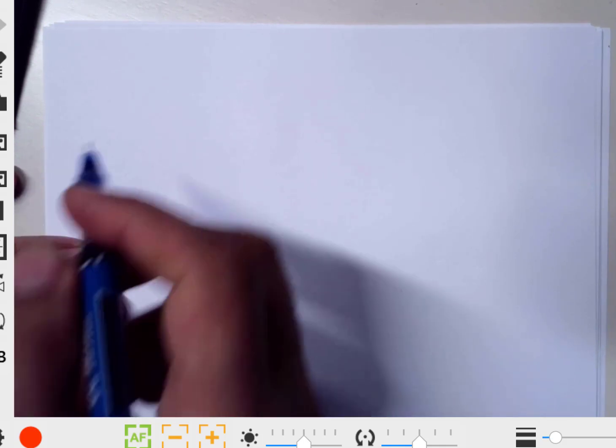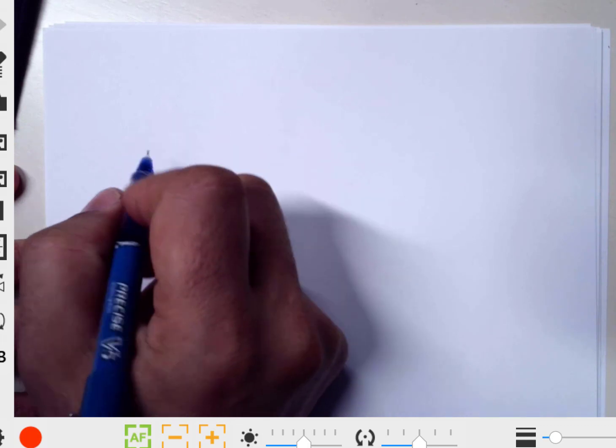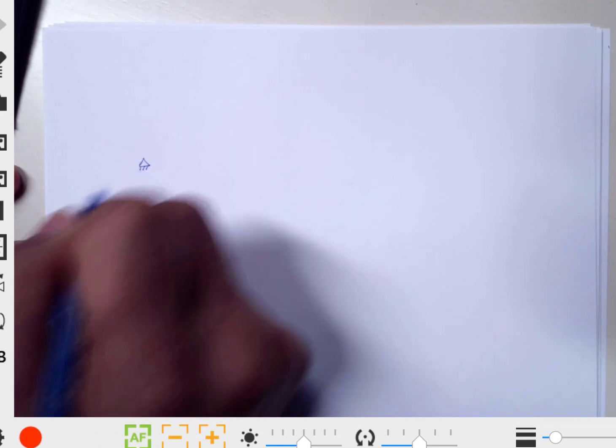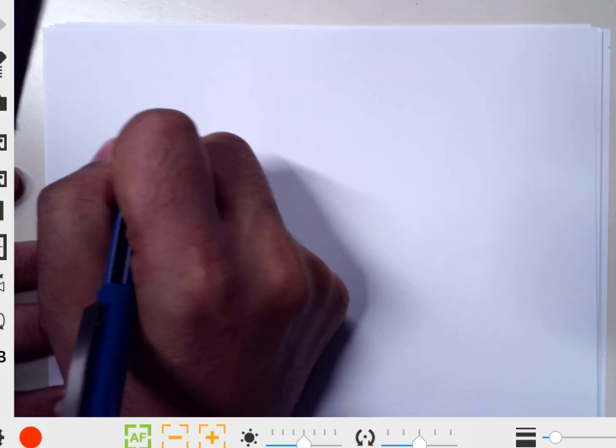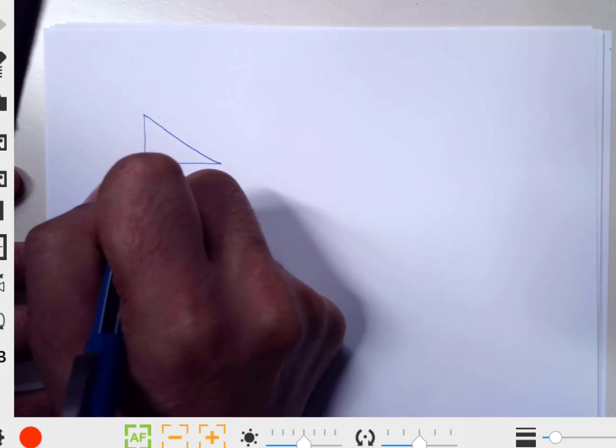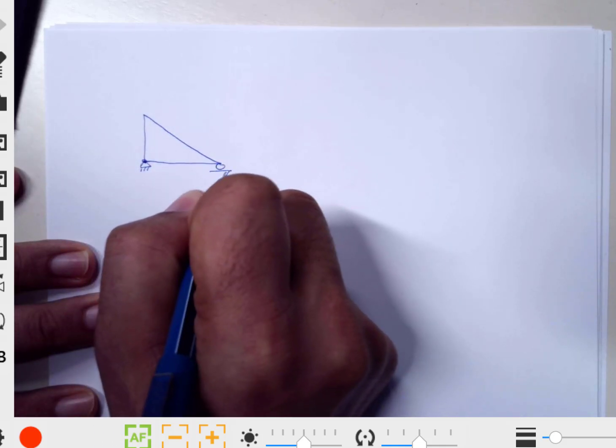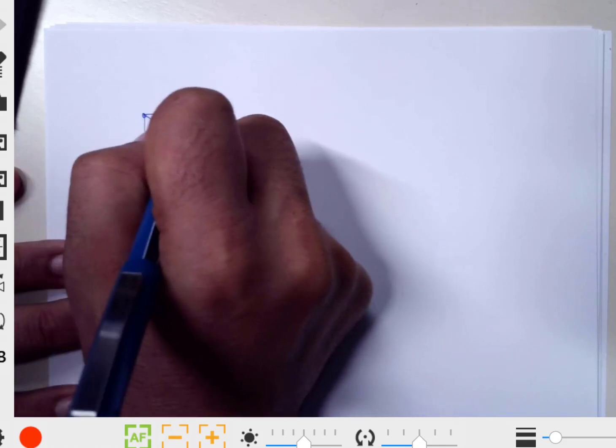So let's take a look at this problem in more detail. We want to draw the free body diagram of the truss system that we were looking at in the presentation. What we have is simply a triangle. It's pinned here, simply supported, one reaction force, and we have a load.